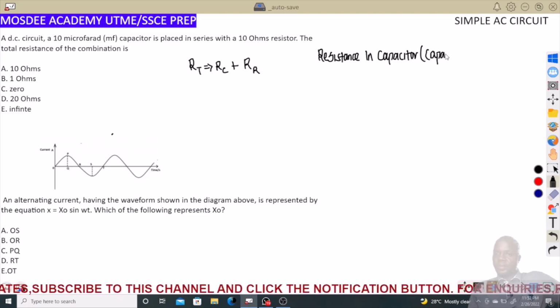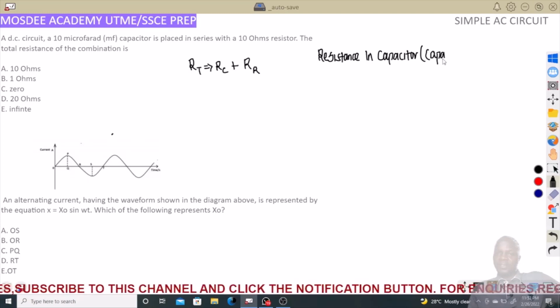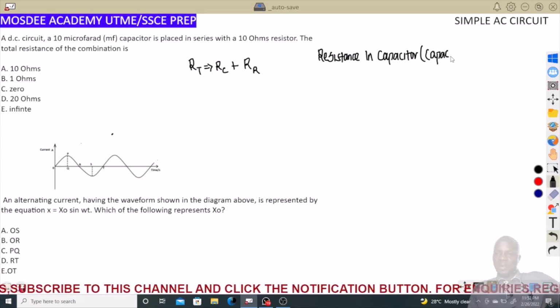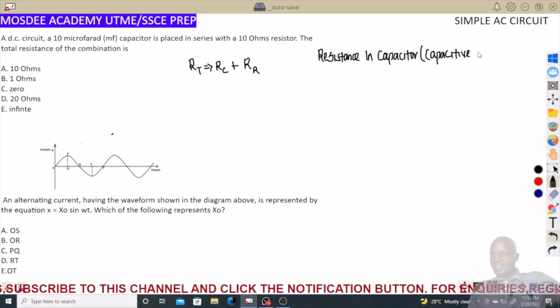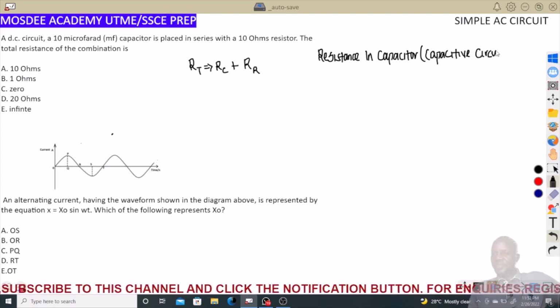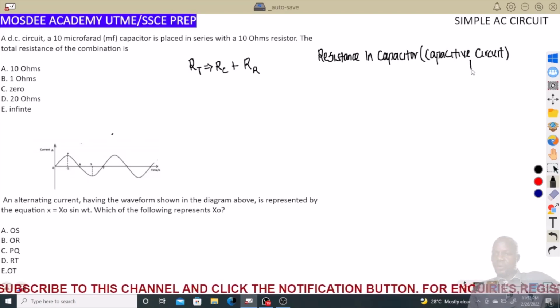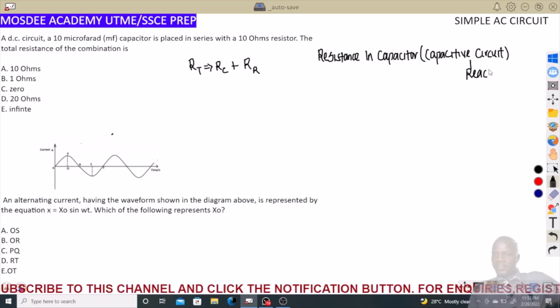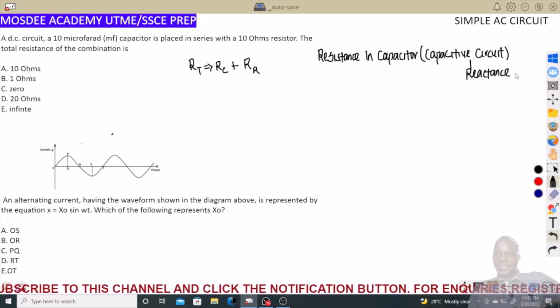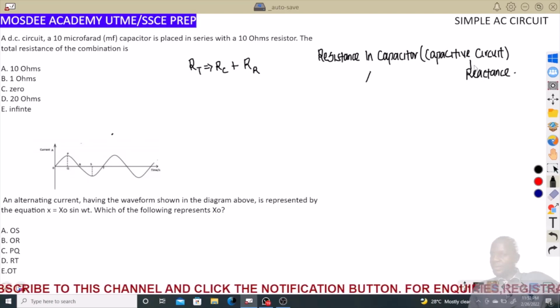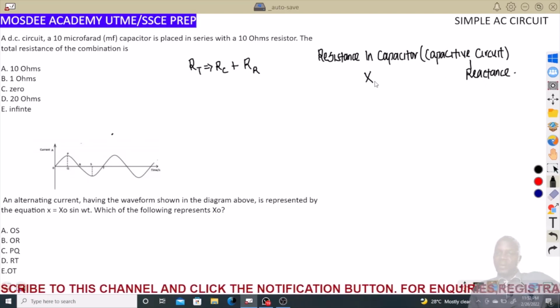is called the reactance. It is now called capacitive reactance, denoted by Xc.